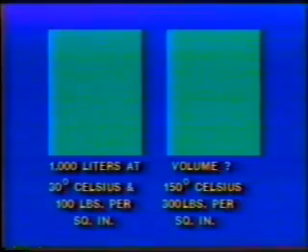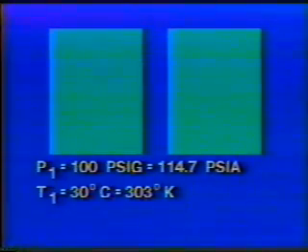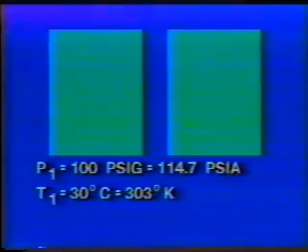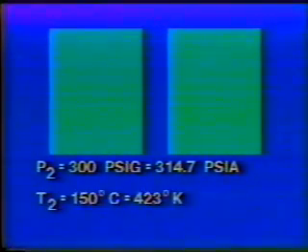First, change temperature and pressure to absolute values. 100 pounds per square inch gauge pressure becomes 114.7 pounds per square inch absolute. 30 degrees Celsius becomes 303 degrees Kelvin. 300 pounds per square inch gauge pressure becomes 314.7 pounds per square inch absolute. 150 degrees Celsius becomes 423 degrees Kelvin.